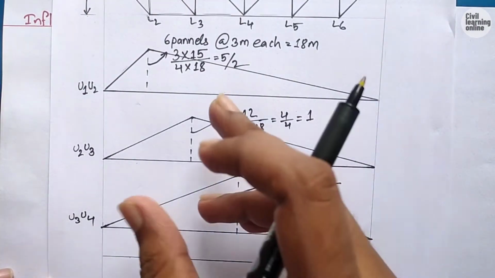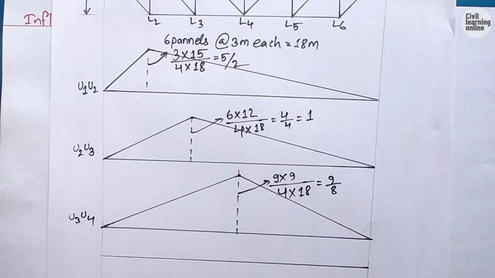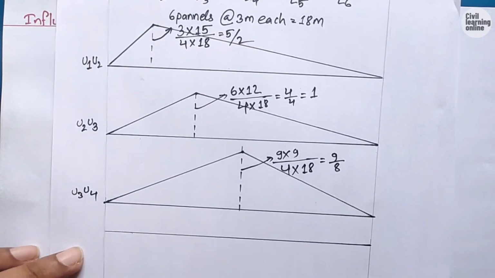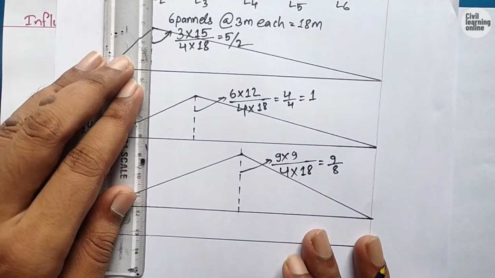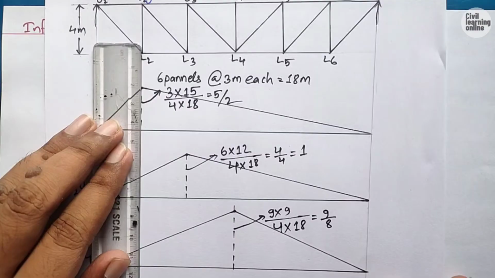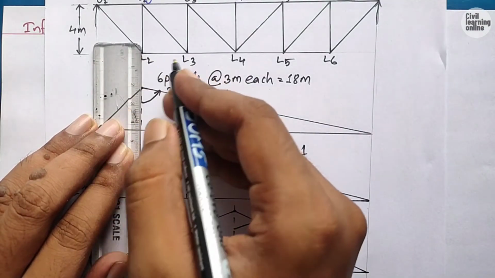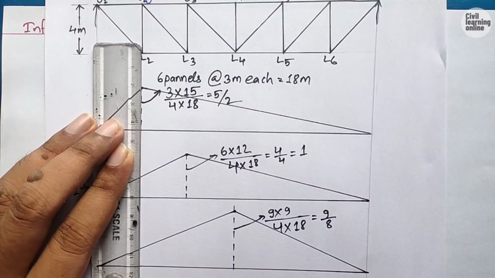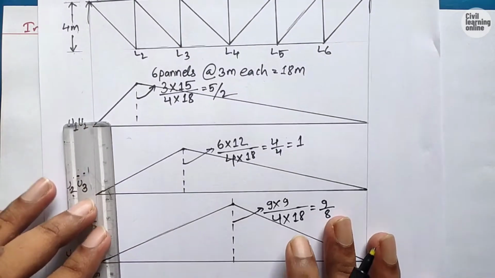This time the tension members will be drawn negative. So for L2 and L3, we have to draw a line along the nodes L2 and L3 to draw the influence line diagram for the member L2 L3.